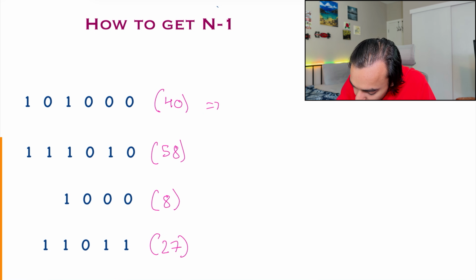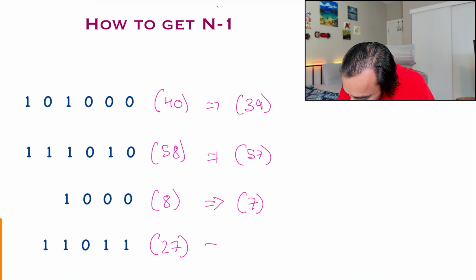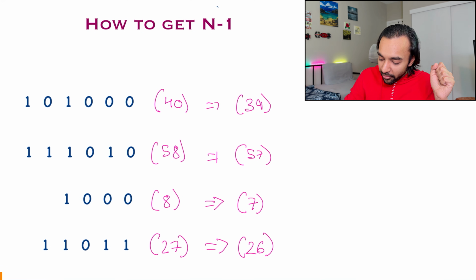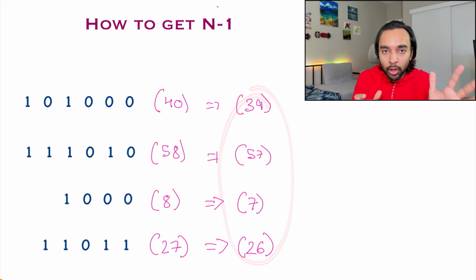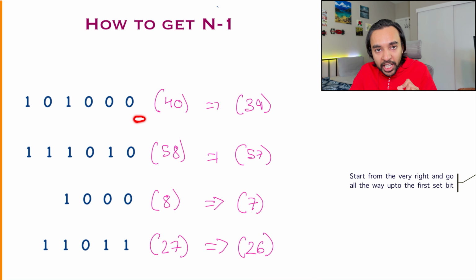And I am asking you to tell me the binary representation of the numbers 39, 57, 7, and 26. I know you can just use the traditional method of dividing by 2 repeatedly to find the binary representation of all of these numbers. But finding the n minus 1 binary representation is not that tricky. Basically, you just have to follow certain rules. The first rule is that you start from the very right.